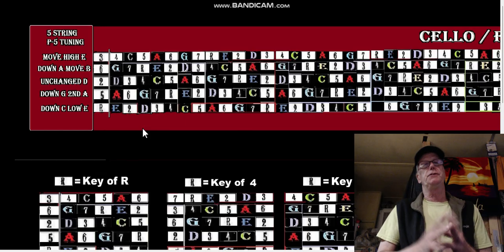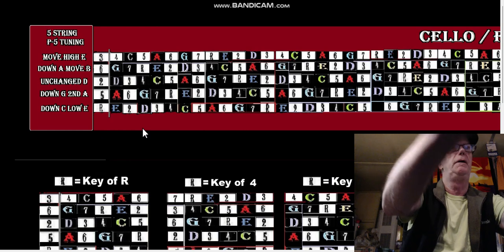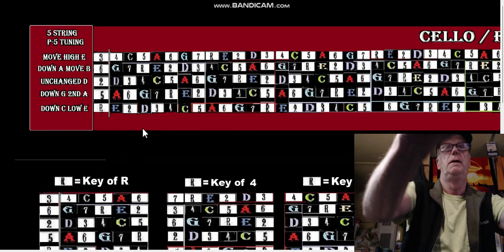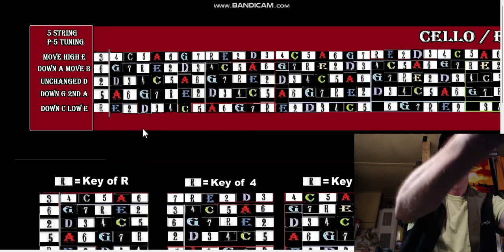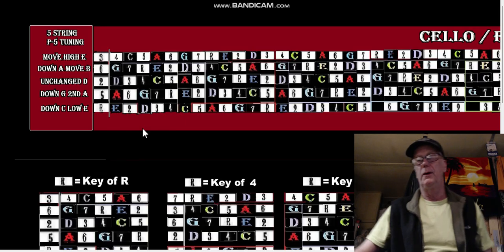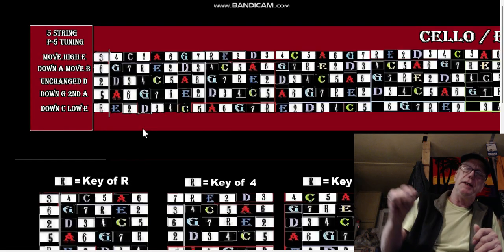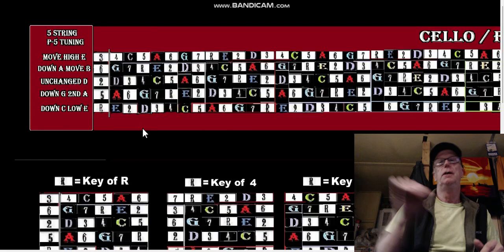So anybody who says you can't play scales, what they're talking about is we're not going to play strict scales, but we're going to play our melodies within that scale structure.